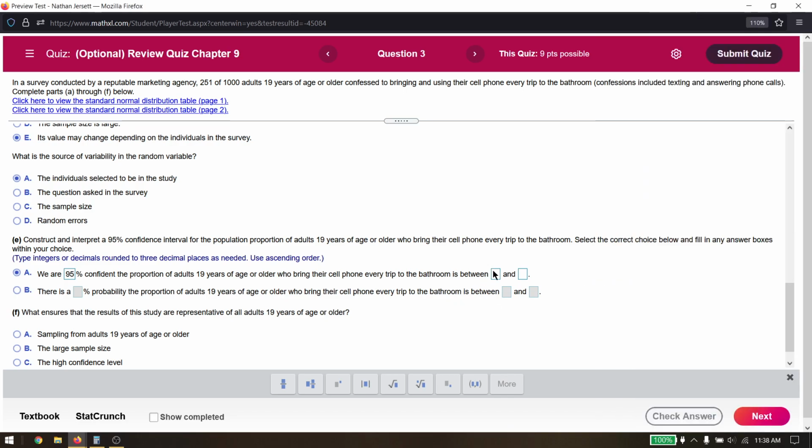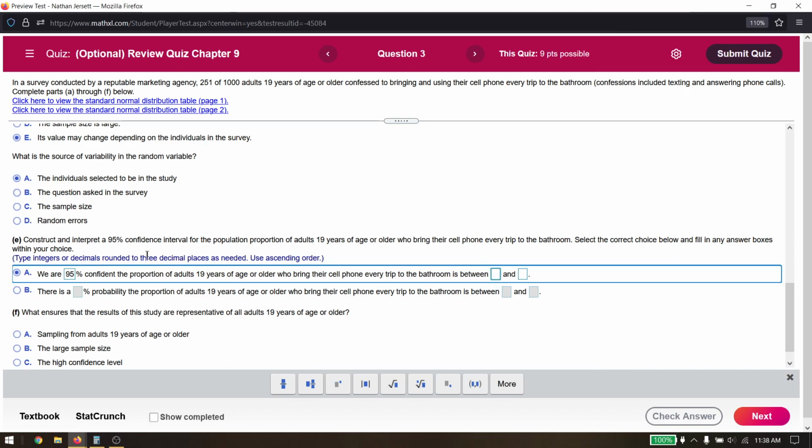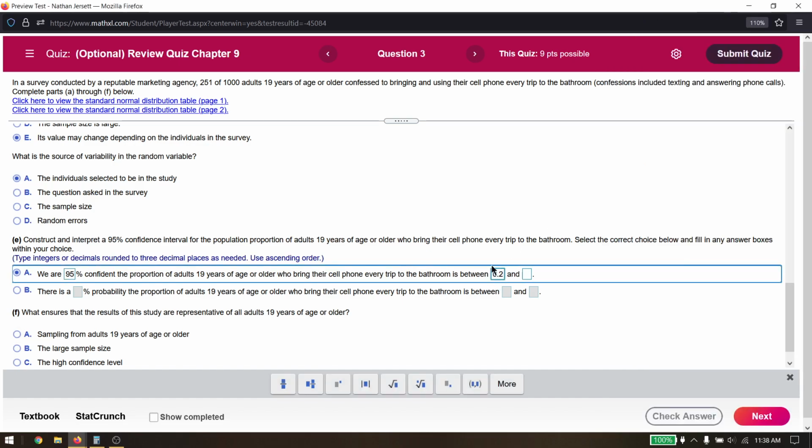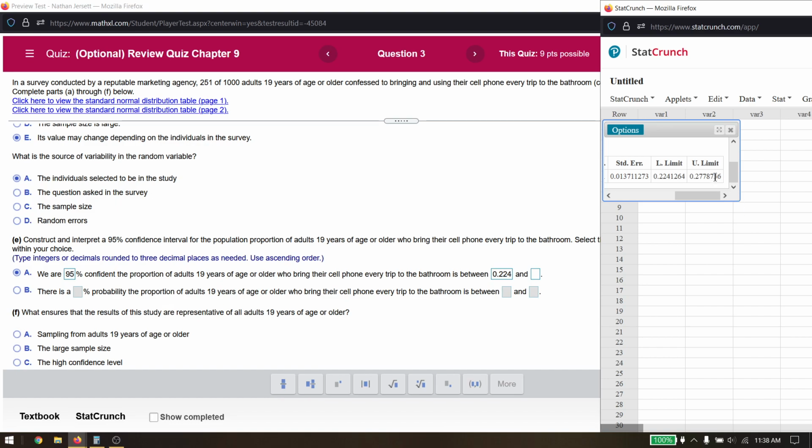The lower bound is, to three places, 0.224 and 0.278.